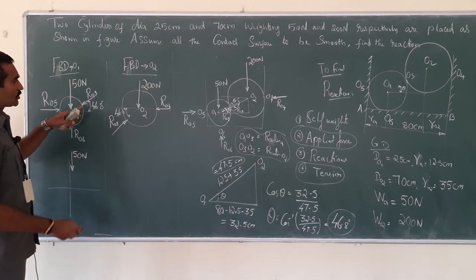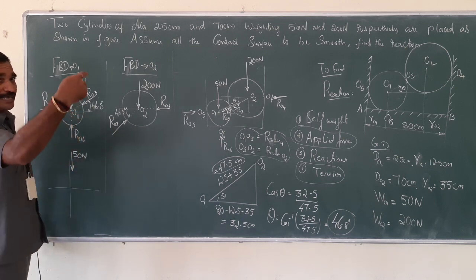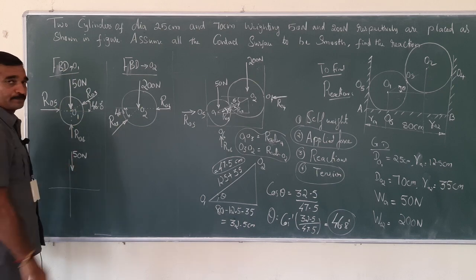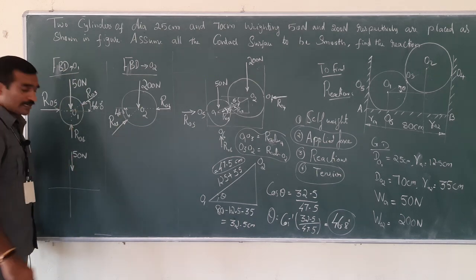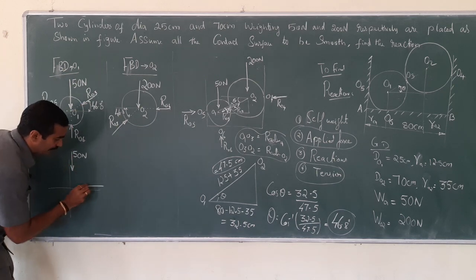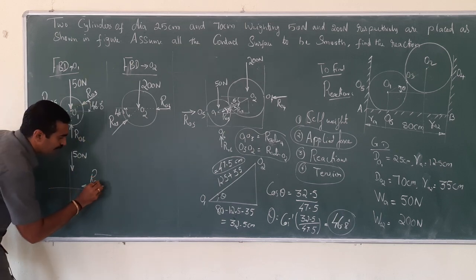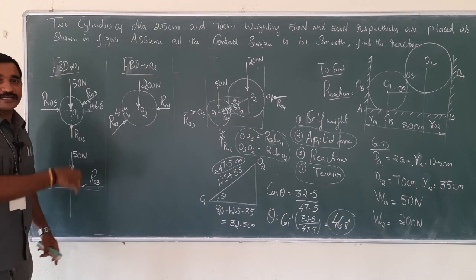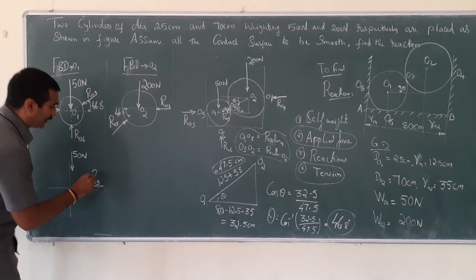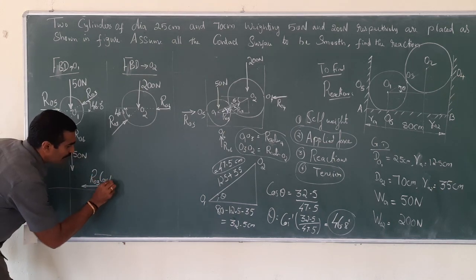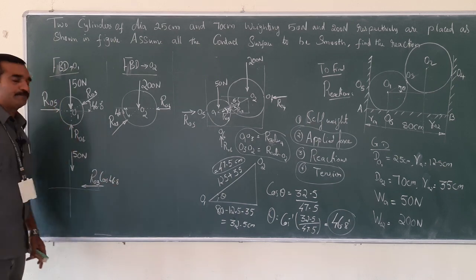And this force, that is R03, which is acting towards the point, and its nearest horizontal could be in this manner, which is of R03 cos component, because the horizontal component is considered as cos component, so which could be cos 46.8 degree.